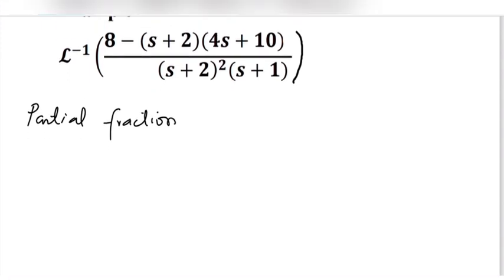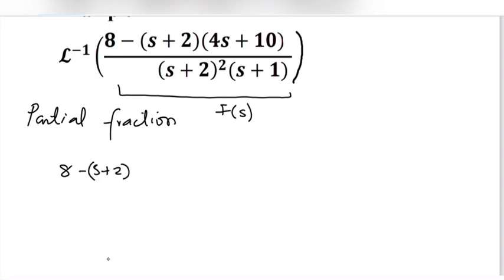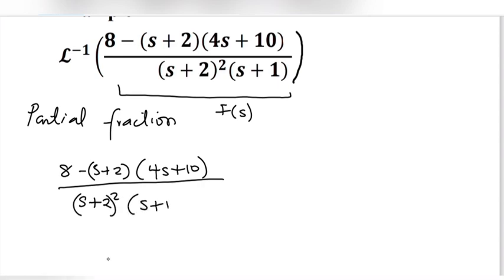And we'll start that by rewriting this term, because what we have here is our F of s. So we have 8 minus 4s plus 10 all over s plus 2 squared into s plus 1.